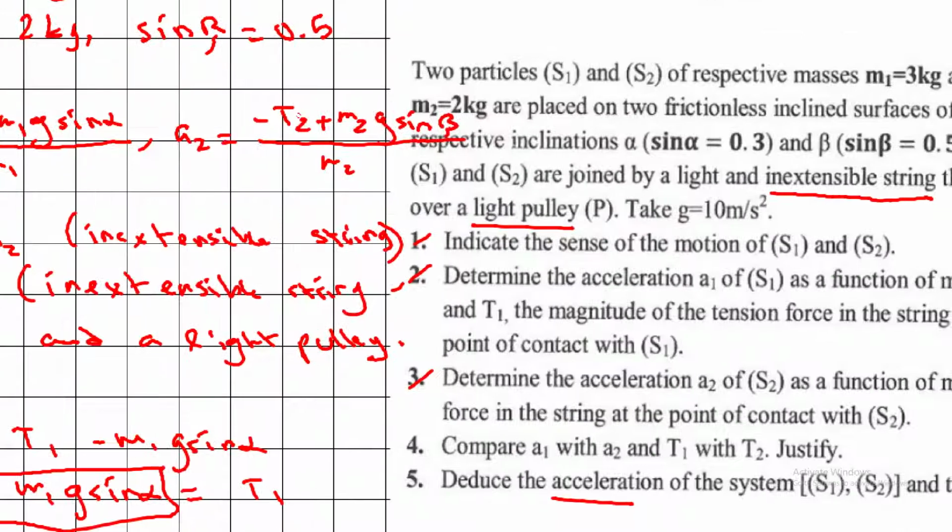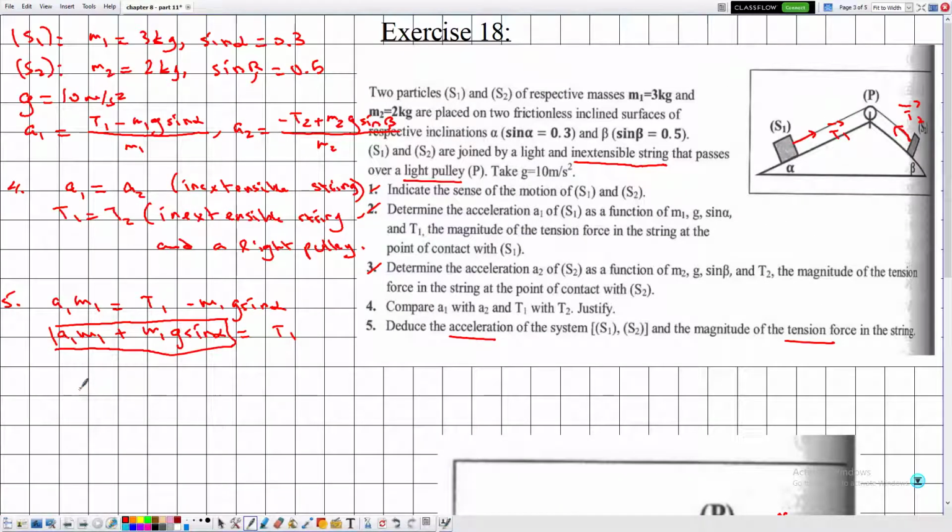And for this expression, if we cross multiply, then A2 M2 is equal to minus T2 plus M2 G sine beta, which means that A2 M2 plus T2 minus M2 G sine beta is equal to minus T2, which means that minus A2 M2 plus M2 G sine beta is equal to T2.